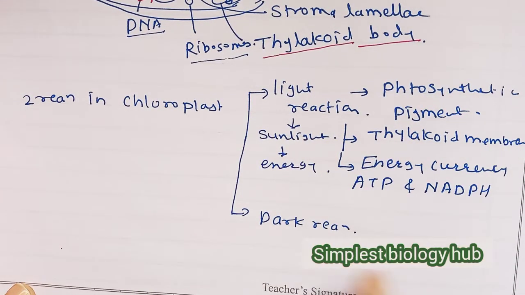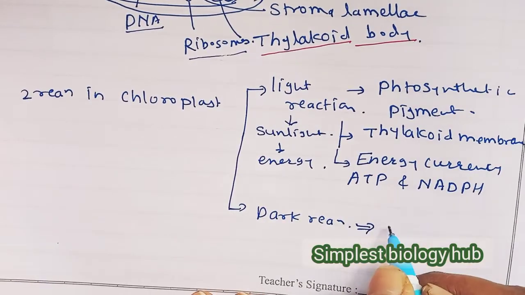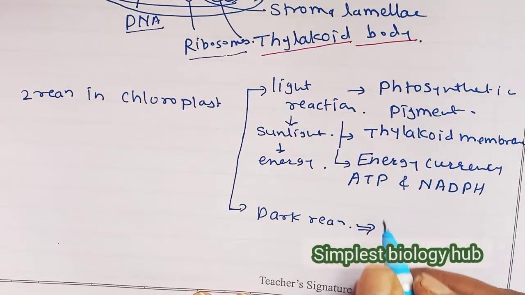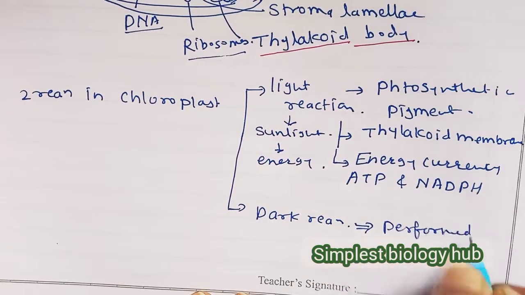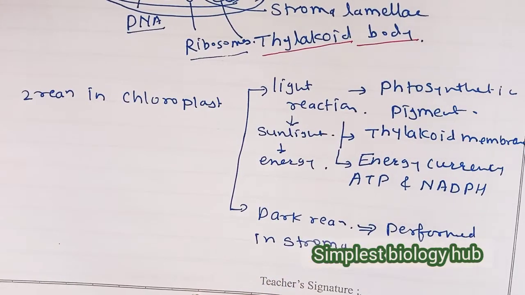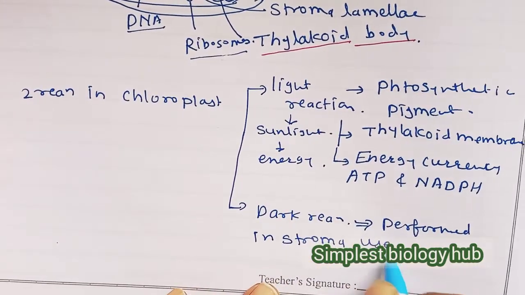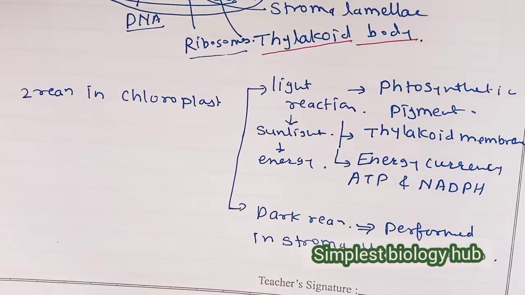While the dark reaction is opposite to it, and it is performed in the stroma region of the chloroplast, using lots of enzymes that are already present in the chloroplast matrix.